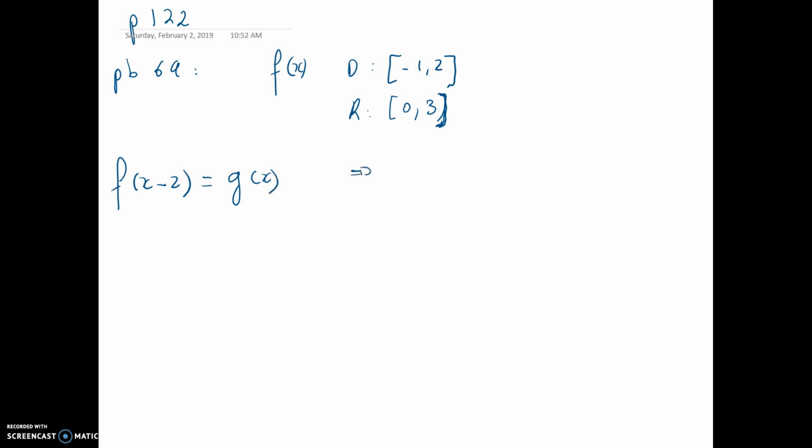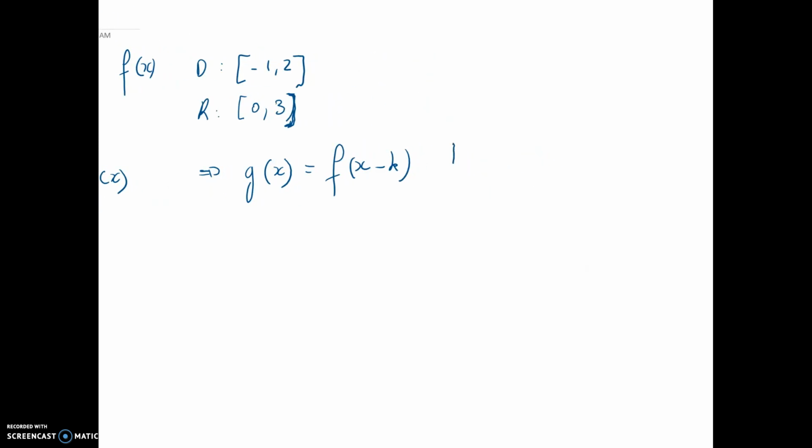That reminds me that I'm dealing with a function g of x equal to f of x minus k, and that is a shift to the right.